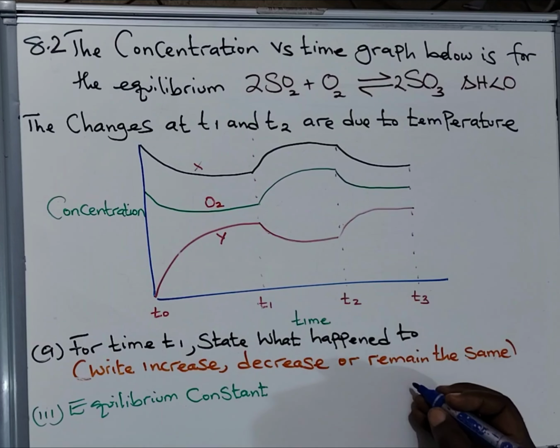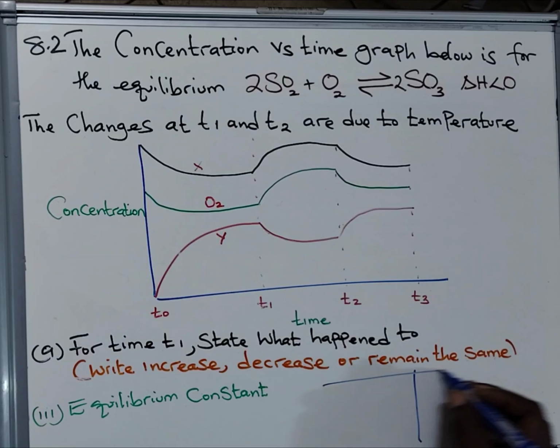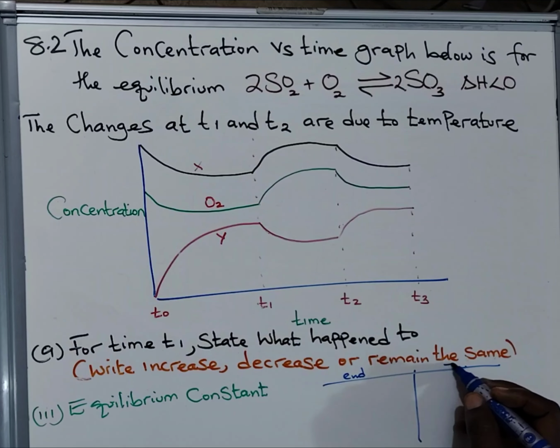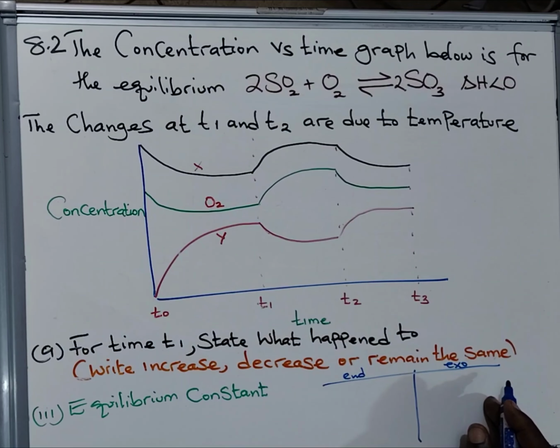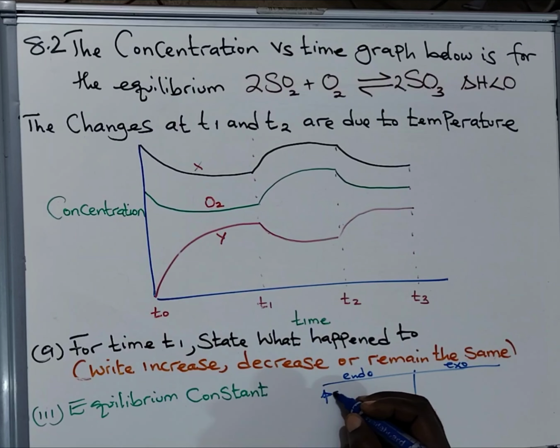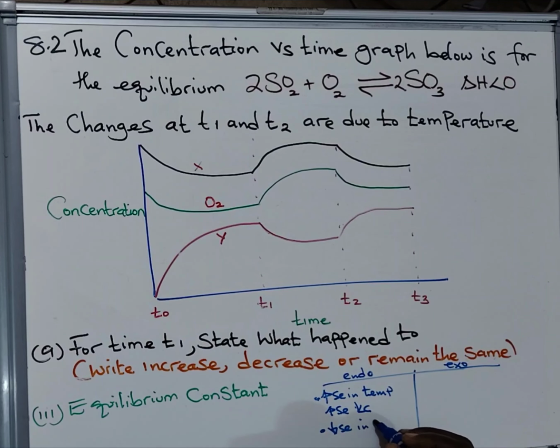Here you need to know that when you have two kinds of reaction, endo and exo, you need to know that for endothermic reaction, increase in temperature increases Kc, and decrease in temperature decreases Kc.